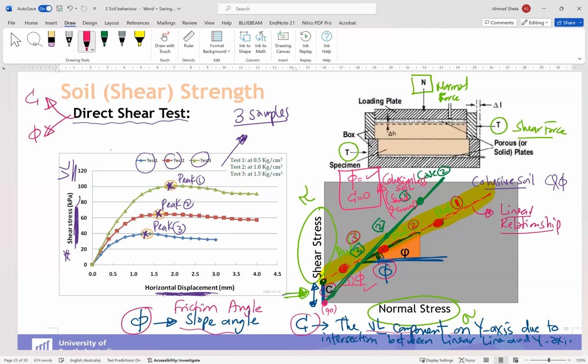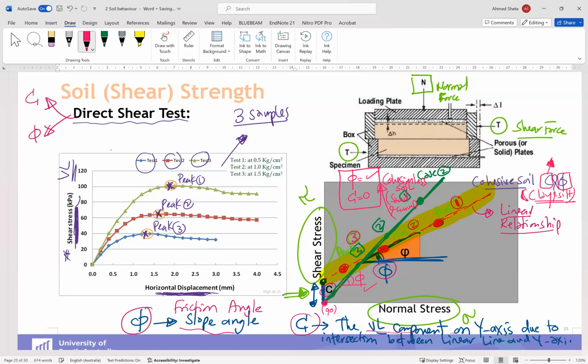For sand and gravel, the value of C is 0 because there is no cohesion between the soil particles, and the linear relation will pass through 0. But for cohesive soil, we will have a value of C and a value of phi, because for clay and silt we have cohesion between the soil particles, so that's why we should have a value of C.